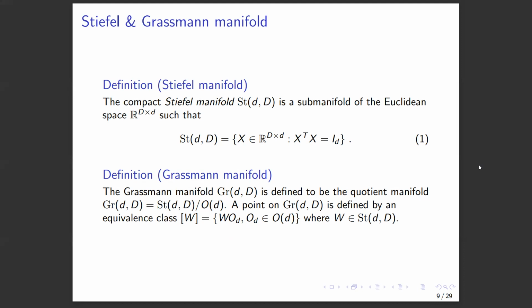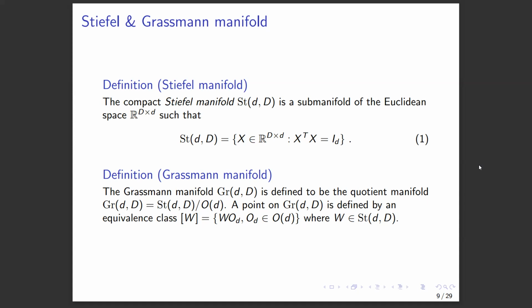This kind of matrix belongs to the Stiefel manifold. As an example, if we're interested in signal recovery using low-dimensional PCA embedding, the projections we calculate will be on the Stiefel manifold. And here's the definition of the Stiefel manifold.